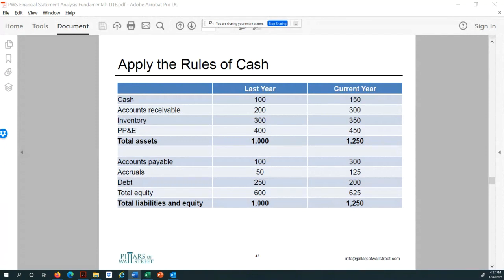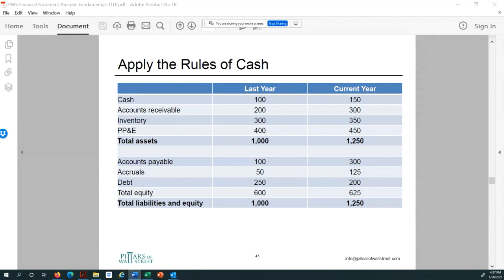Okay, accounts payable. How much did it go up by? 200. So what's the cash impact? It's a liability, right? So with a liability, what's the order I subtract? Last year minus this year, or this year minus last year?